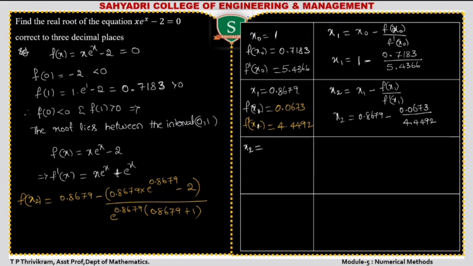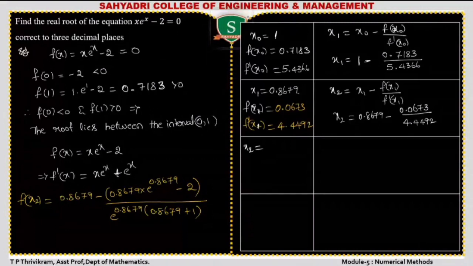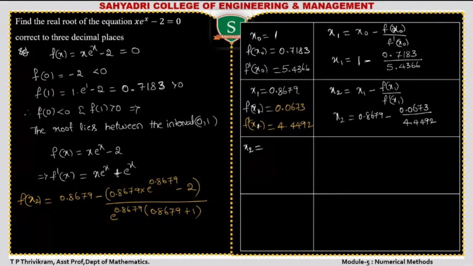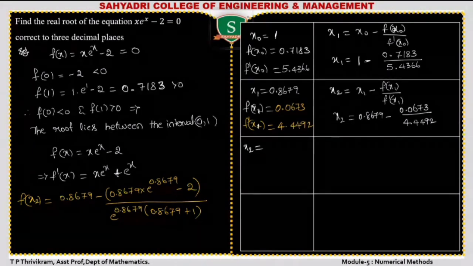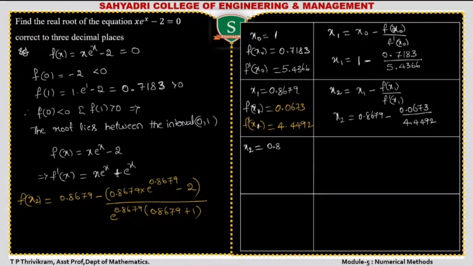Calculate this. So I'll get x2 = 0.8528.